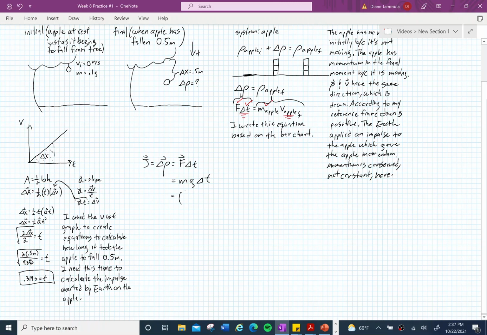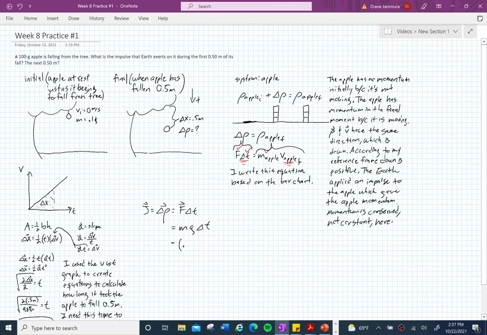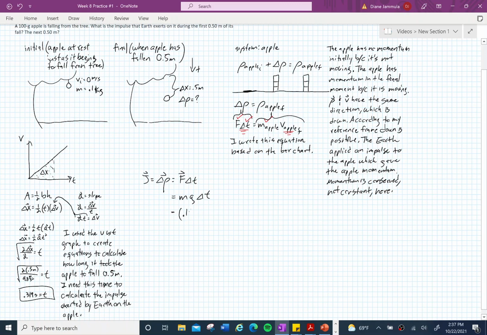The mass of the apple is 0.1 kilograms. Let me fix my sketch. g is 9.8 newtons per kilogram. The time I just found is 0.319 seconds.